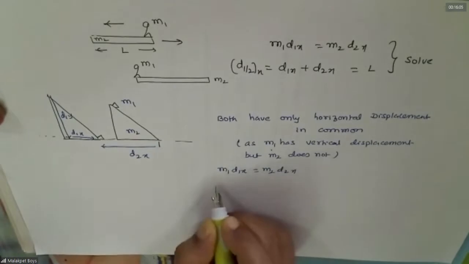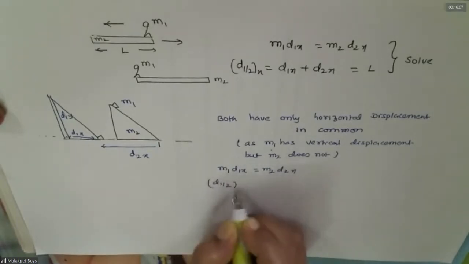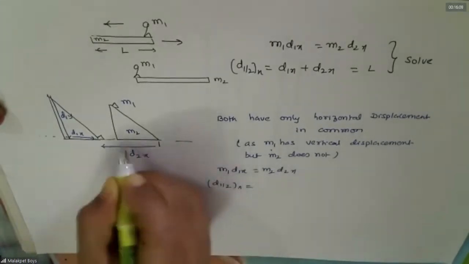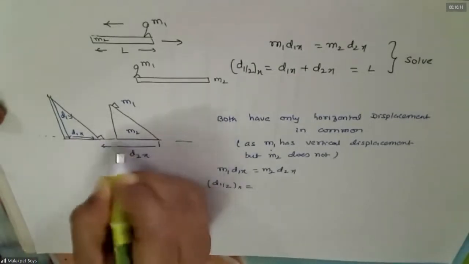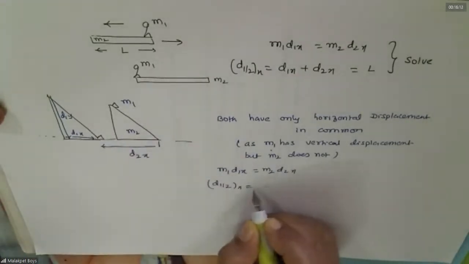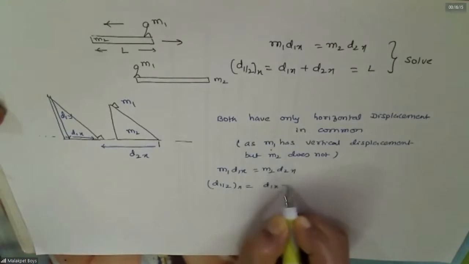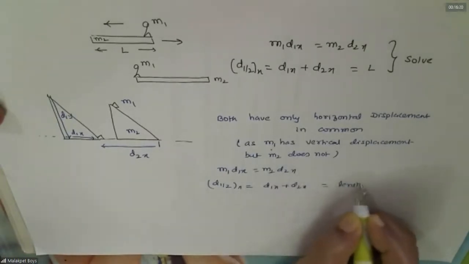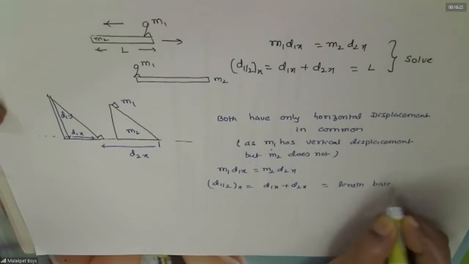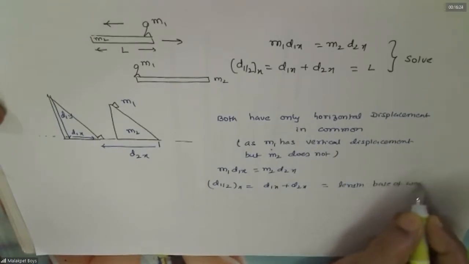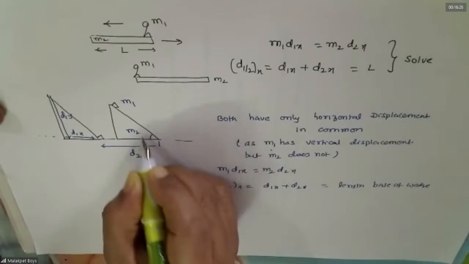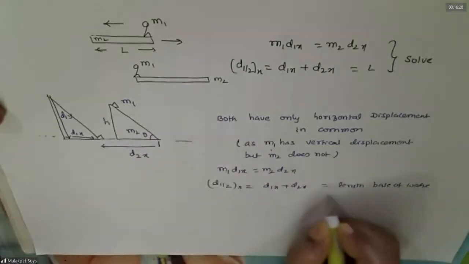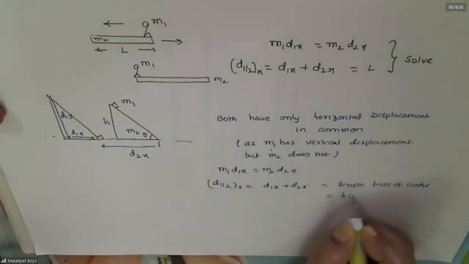And relative to the second one, this is the distance it has moved, d2x. In yesterday's problem, this is given, and you got h cot theta, no?